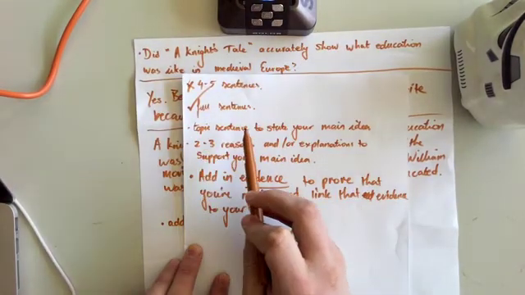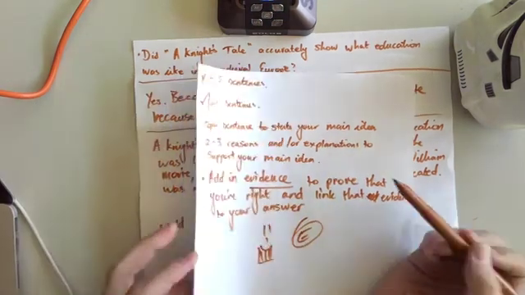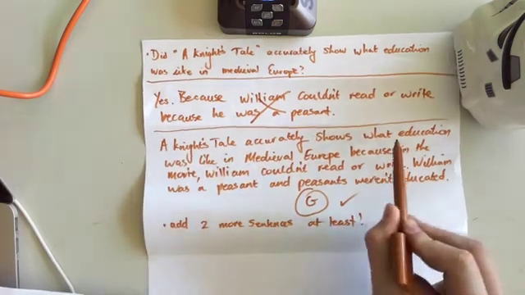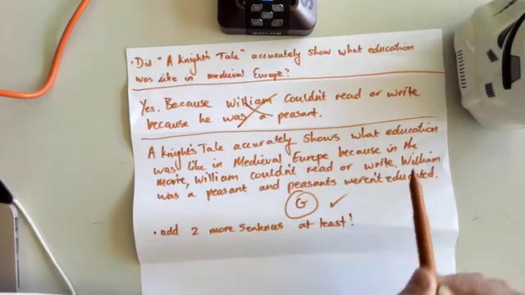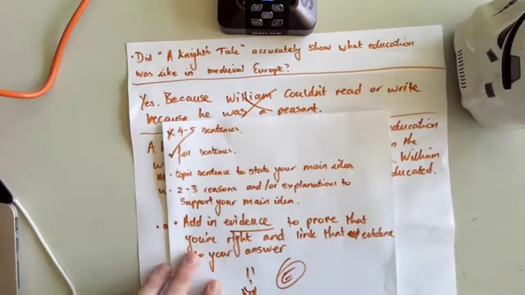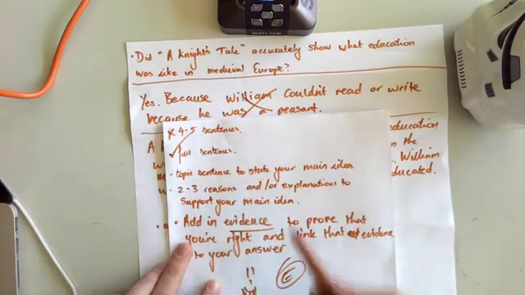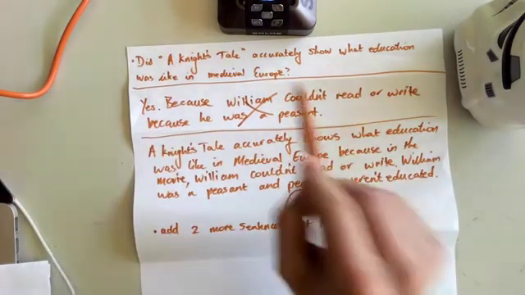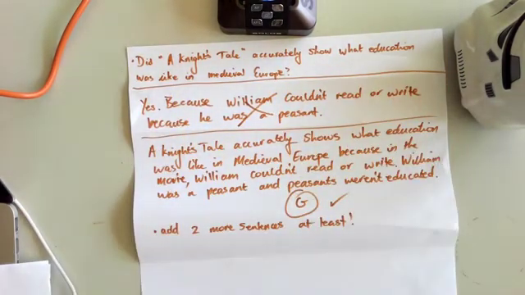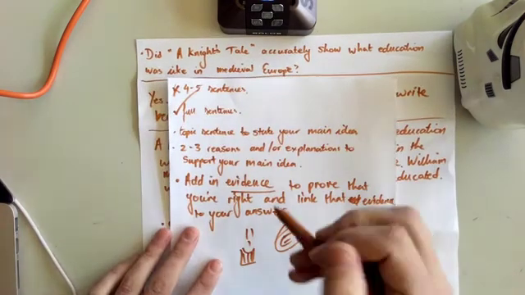Have I given a topic sentence to state your main idea? A Knight's Tale accurately shows what education was like in medieval Europe because in the movie William couldn't read or write. I have given a topic sentence, which is an opening sentence, that has given my main idea. My main idea is, yes, A Knight's Tale accurately showed what education was like. That's my main idea. I've given that topic sentence and I've said that really clearly. I haven't waffled. I haven't written anything irrelevant, so I can put a tick next to that.